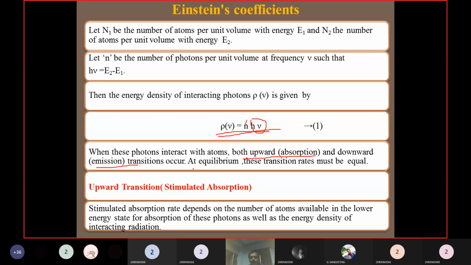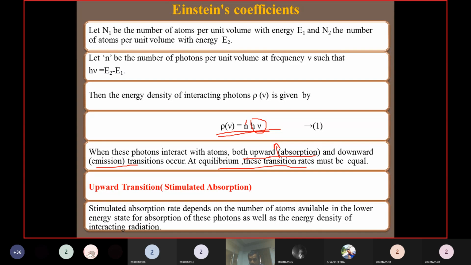At equilibrium, the upward transition as well as the downward transition are both equal. The upward transition occurs in the absorption process, when the atoms absorb the radiation. So the upward transition takes place.